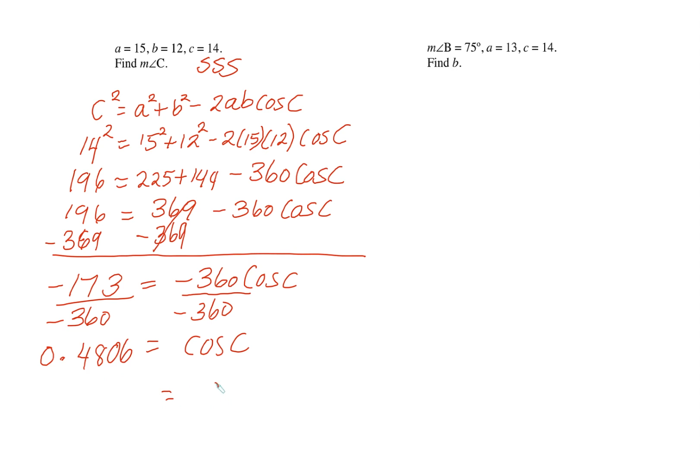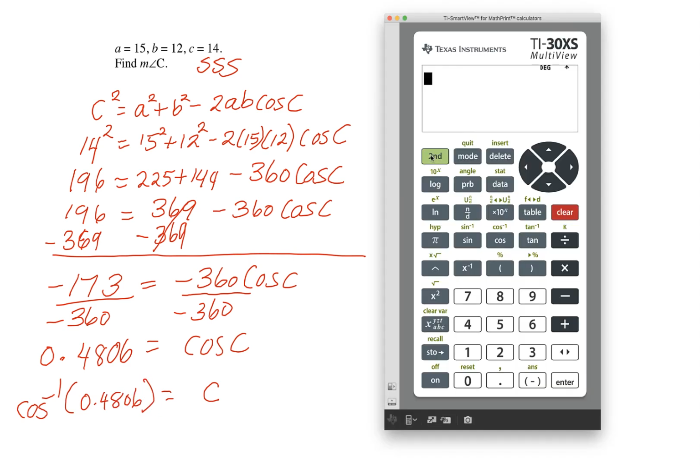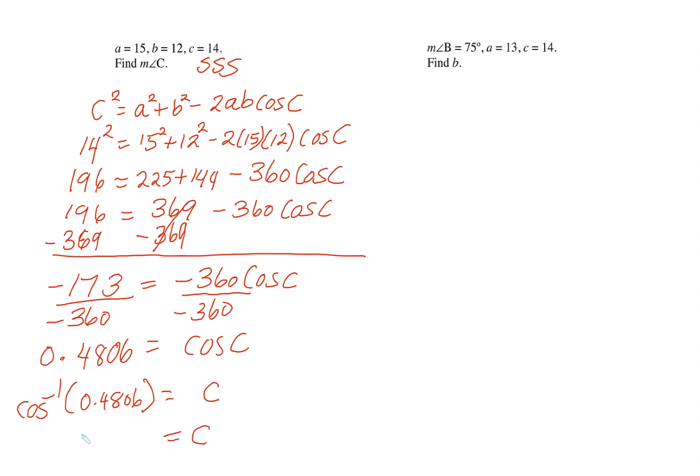Now, because we want to find C, we have to use the inverse cosine, so second function cos, and let's enter 0.4806. When I hit enter, my answer for angle C is 61.28. And don't forget your degree symbol.